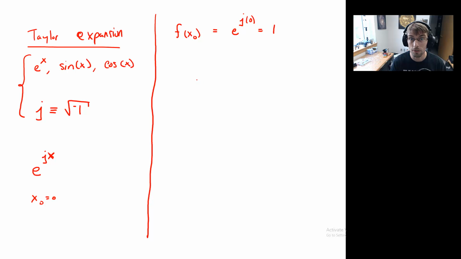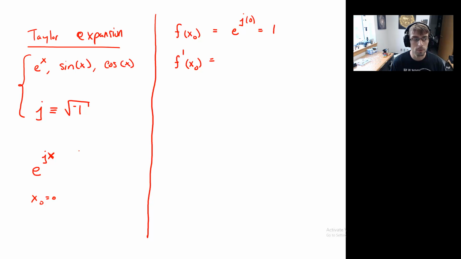Good so far? So the next step, I have to take a derivative of my function and evaluate at x naught. Let's go ahead and do that.